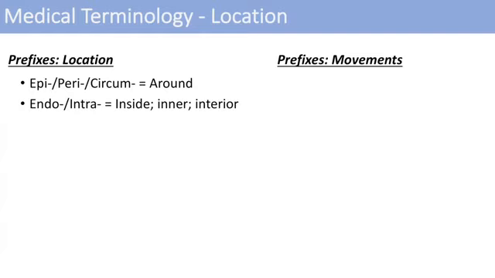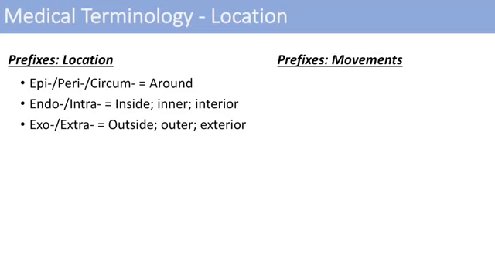Now the other one is endo or intra. They mean pretty much the same thing. That just means inside, inner, or interior. So for these ones you can think of intracellular or the endosome, for example. The opposite of those ones are exo and extra.